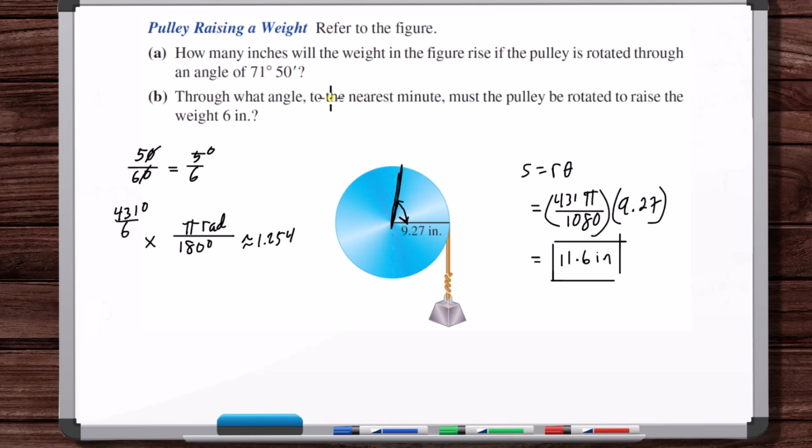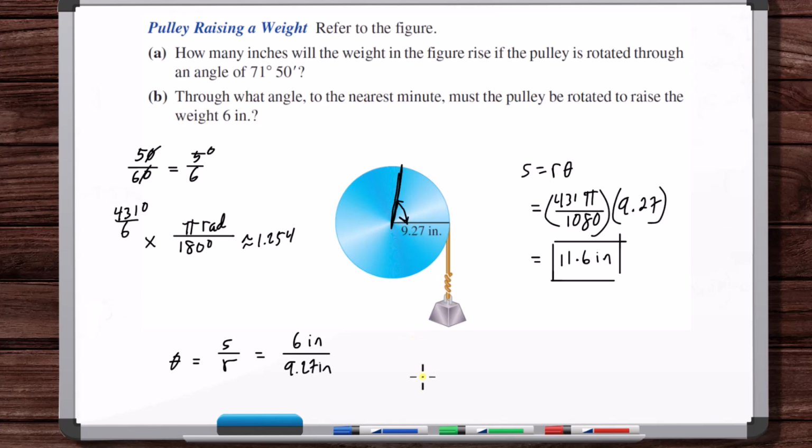Okay, through what angle to the nearest minute must the pulley be rotated to raise the weight 6 inches? So if we're raising the weight 6 inches, we're traversing 6 inches of arc length. And we know the radius, so theta is equal to s over r. So 6 inches over 9.27 inches.